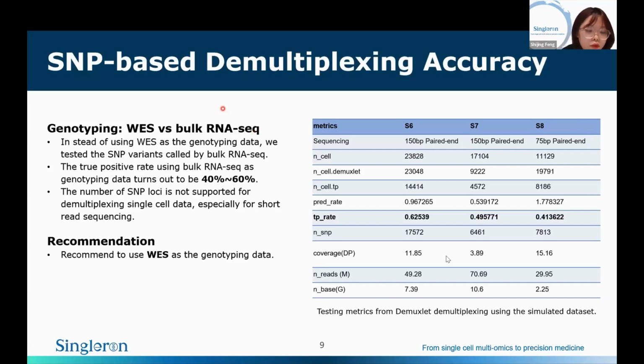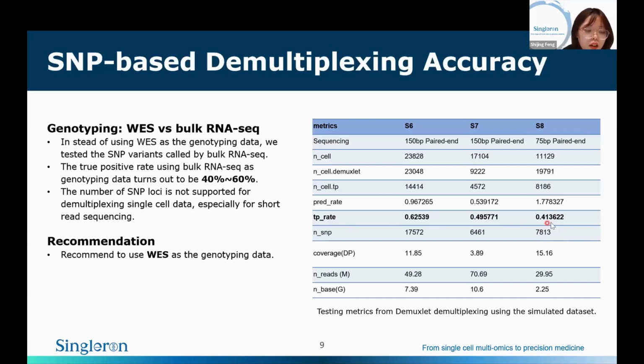We found that the number of variants in every sample is very limited, leading to accuracy from 60% to 40%.